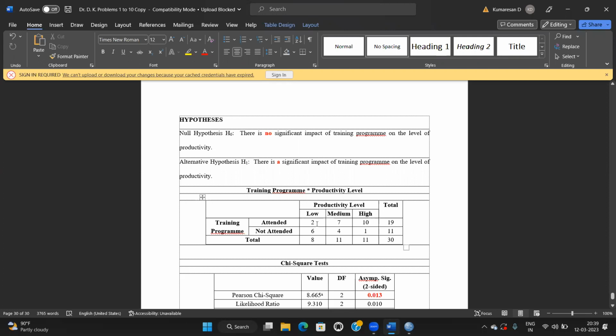So low productivity level is less. High productivity level is more for the employees who have attended the training.